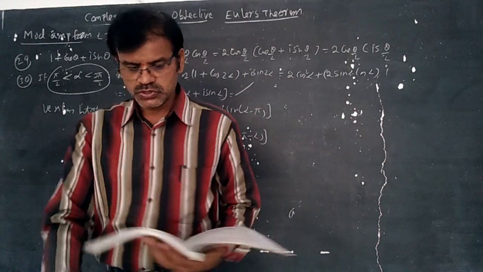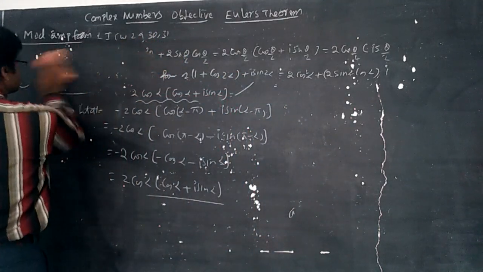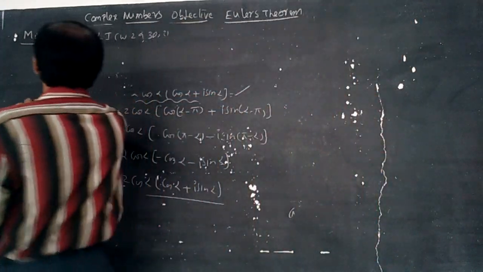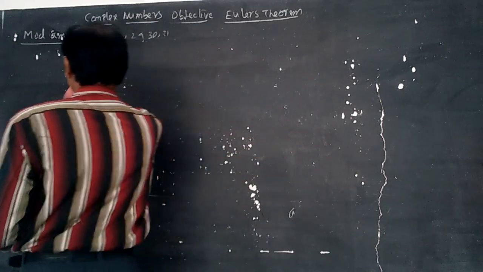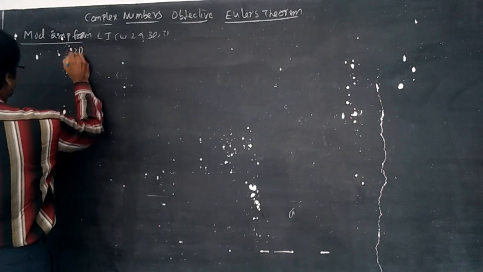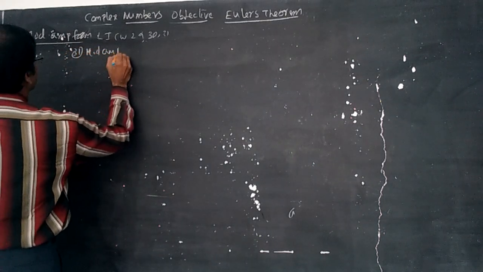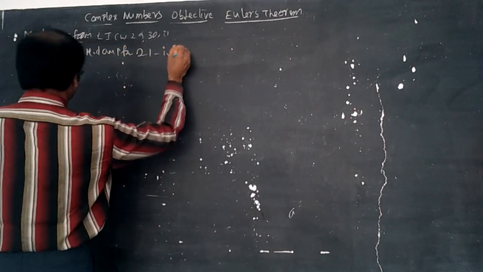Now the 31st question: the mod amp form of 1 minus i root 2.